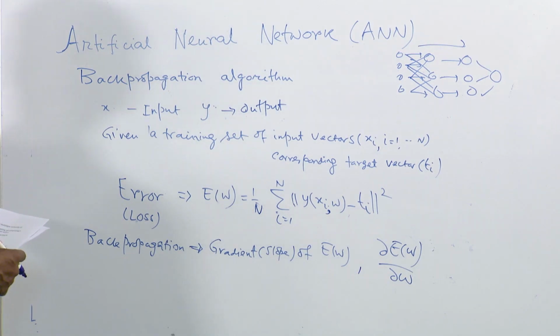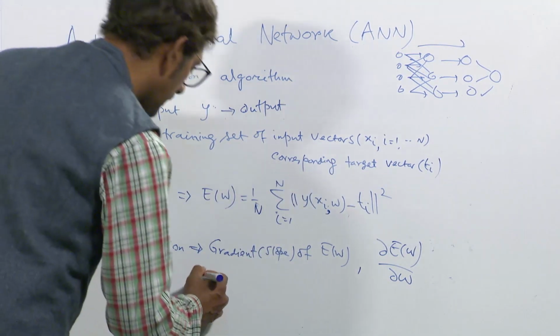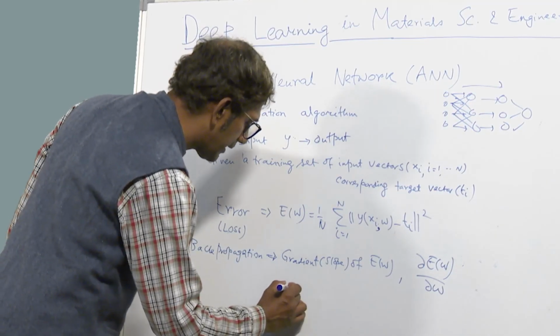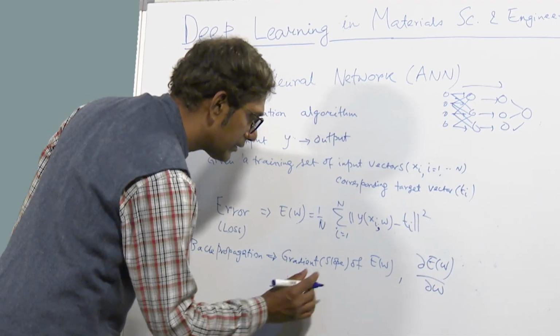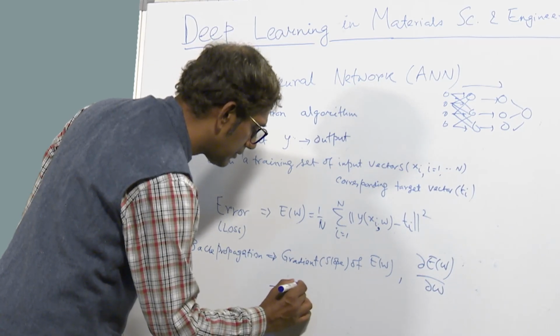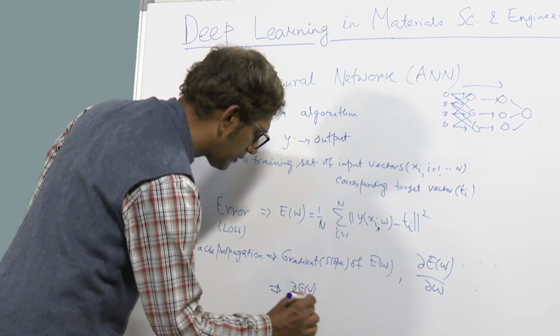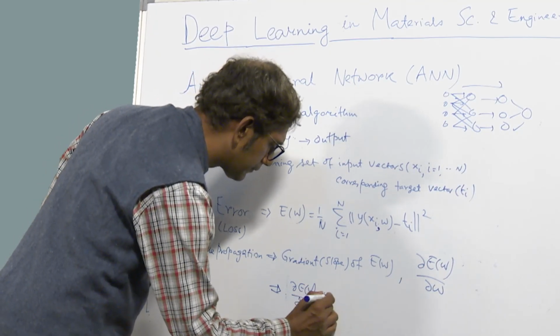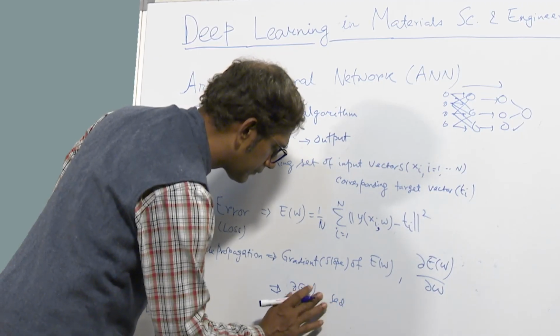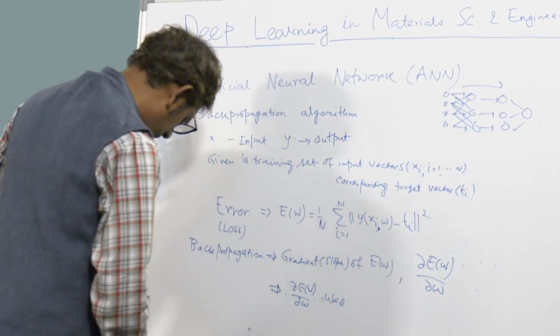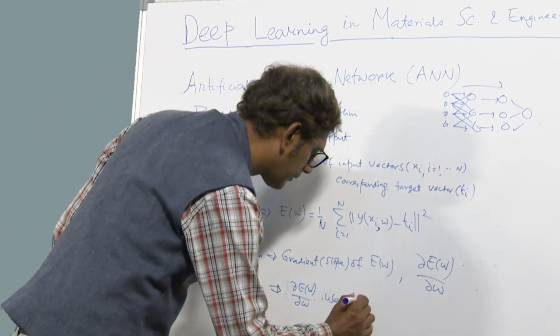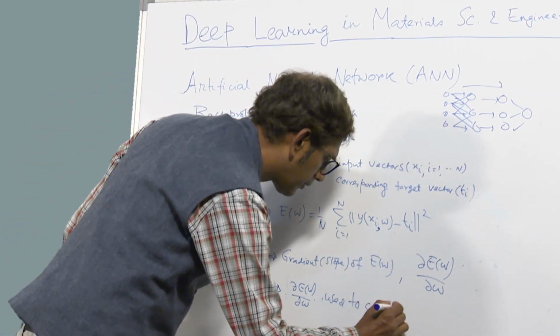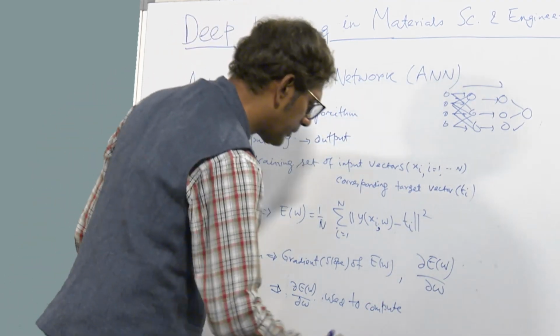In the second stage, the derivatives are used to compute the adjustment to be made to the weights.